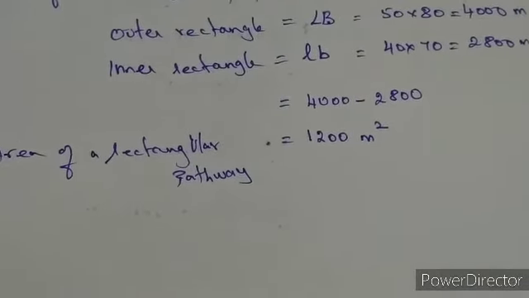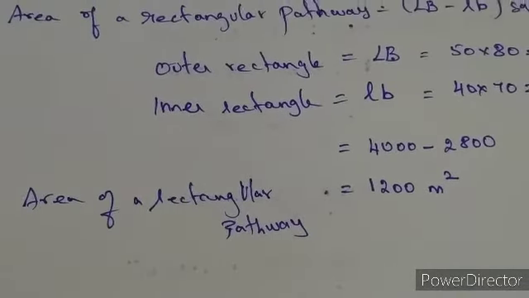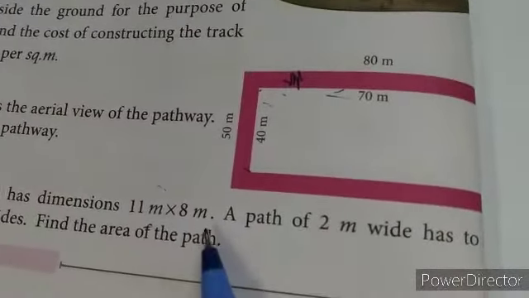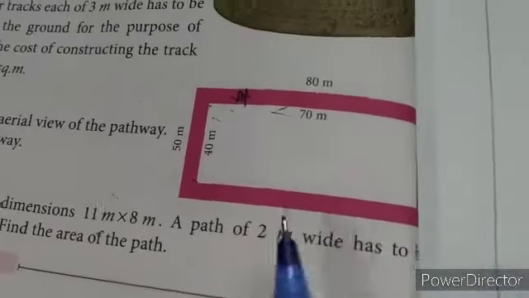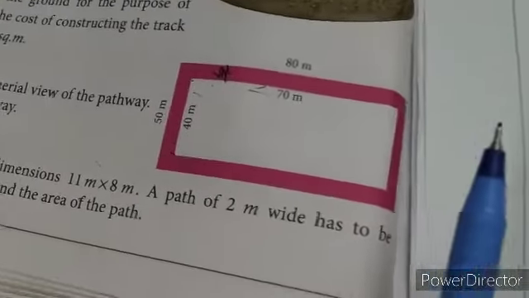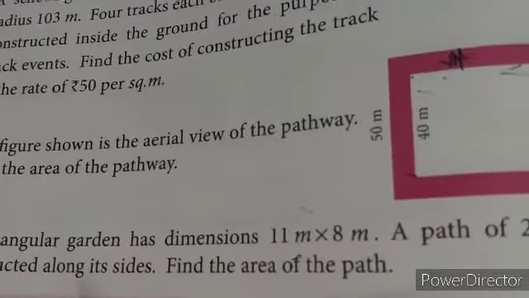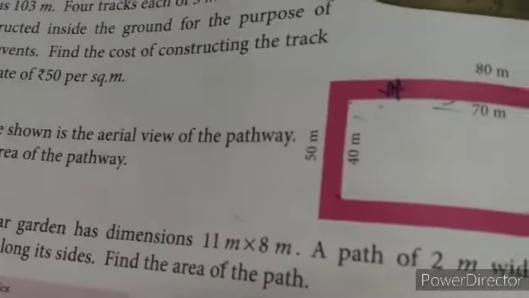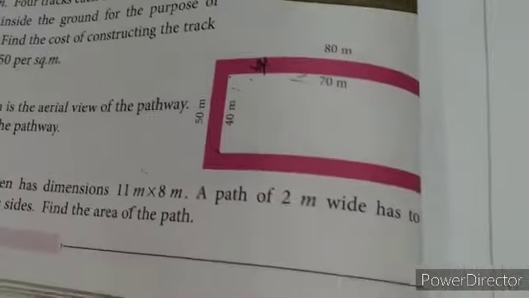Coming to the next sum, the sixth sum: a rectangular garden has a dimension 11 into 8 meter. A path of 2 meter wide has to be constructed along its side. Find the area of the path. Let's try the sum in the classwork note.